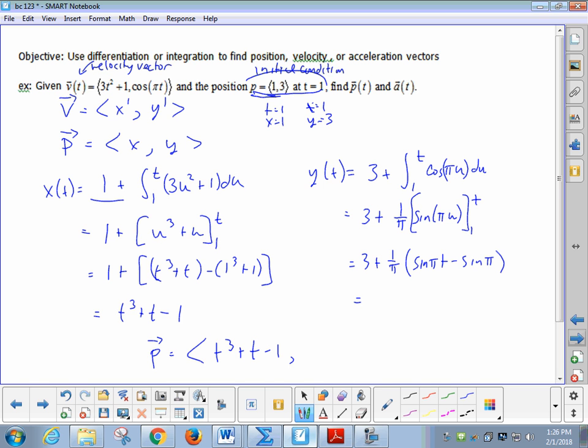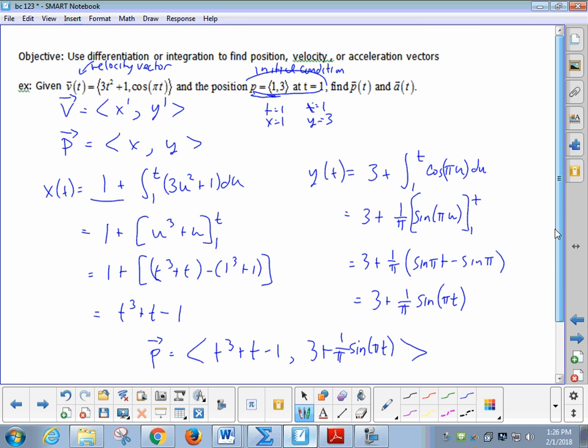So what'd you get? y is 3 plus 1 over pi sine of pi t minus 0, right? Okay, that is the other component to your position vector. So if I asked you what's position at time 5, you could just plug time 5 into those and roll it, right?